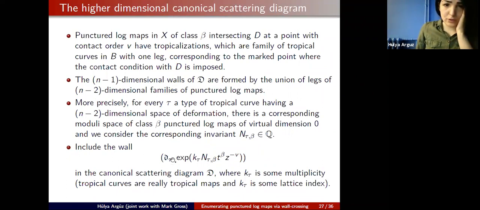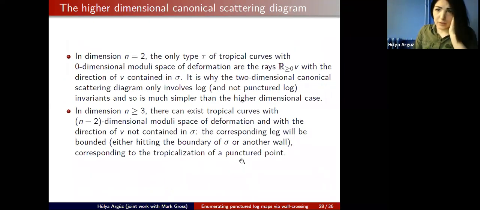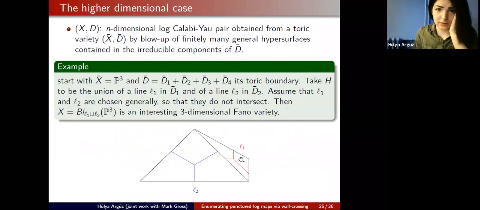On codimension 1 walls, you take the wall crossing functions exponential of some constant times these punctured log Gromov-Witten invariants t to beta z to minus v. And this canonical scattering diagram, the difference between dimension 2 and higher dimensions is in dimension 2 we never had negative contact orders, in higher dimensions you will have negative contact orders.